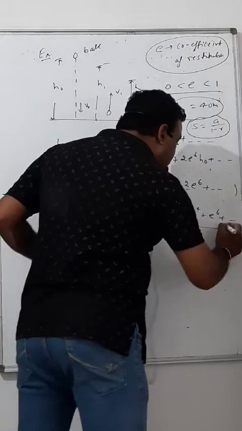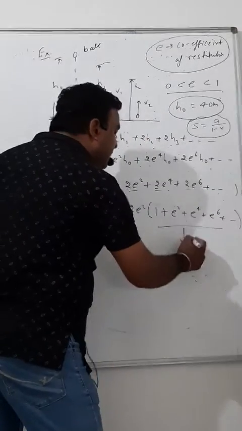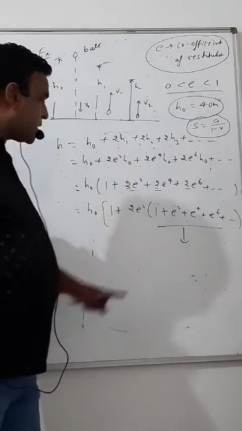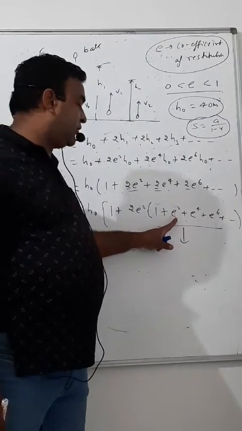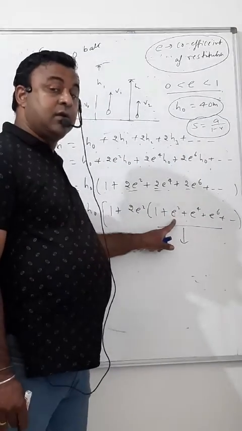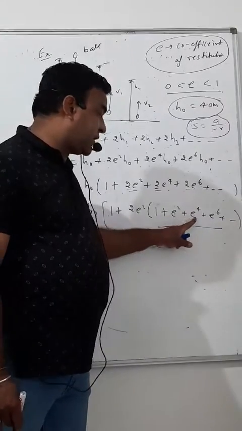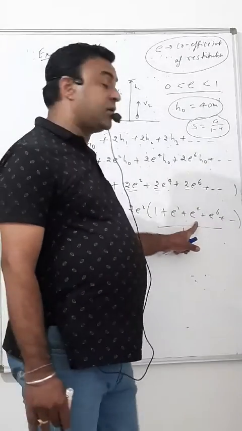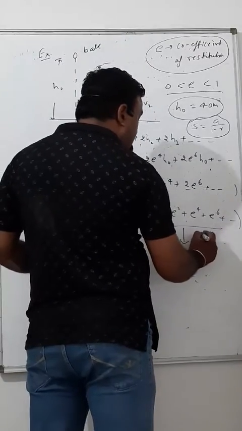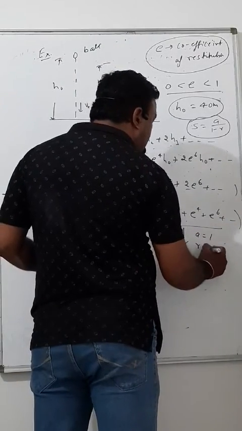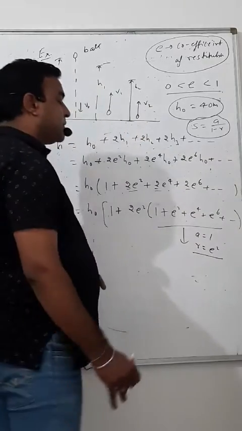Now look at this section only. First term a is 1, multiplied by e square we get e square. This multiplied by e square we get e4. This multiplied by e square we get e6. Means here a is 1 and r is e square.